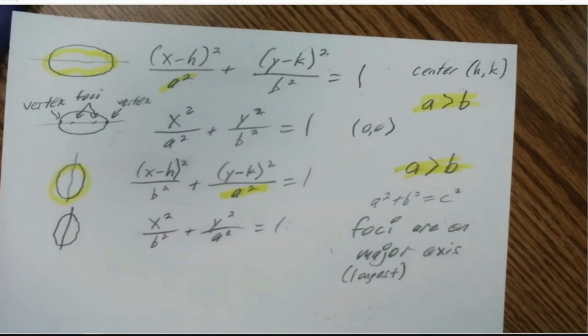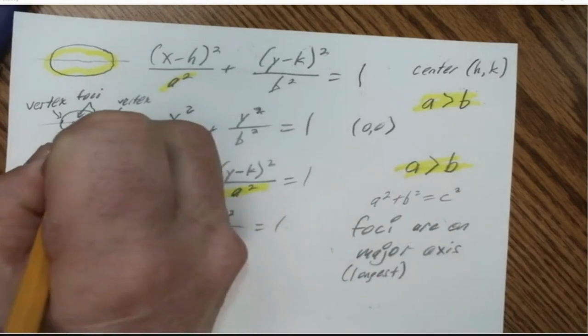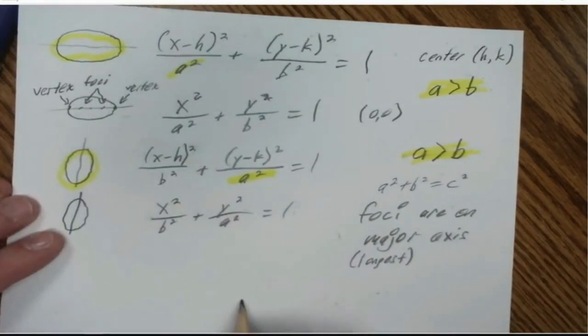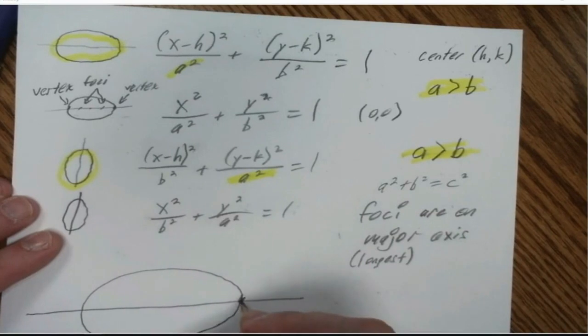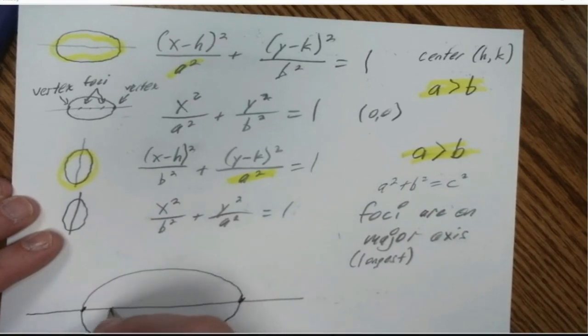They'll all be on the axis. And the distance from the center to a vertex and focus are A and C. So the distance from the center, let me make this bigger. So we have the major axis, and we have a vertex, and a focus point. And then here's the center.